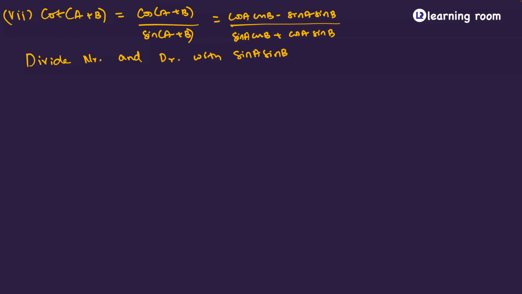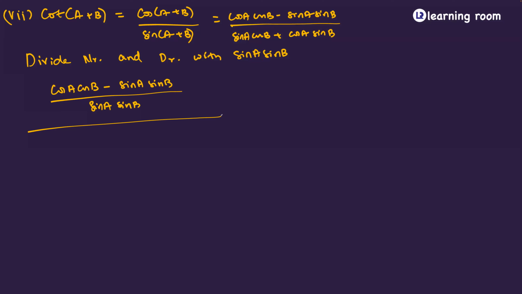So when I do this, what I'll get is cos A cos B minus sin A sin B, the whole divided by sin A sin B. This whole thing divided by sin A cos B plus cos A sin B, the whole divided by sin A sin B. Right.